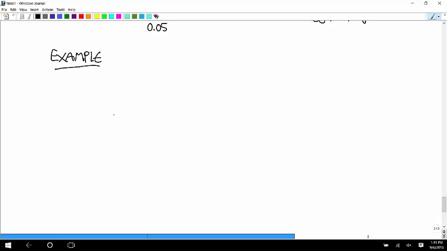Okay, so let's say that we have a cylinder piston setup. From the side, it looks like this. So we have a gas in here. We have a piston, and that piston is connected to a spring.